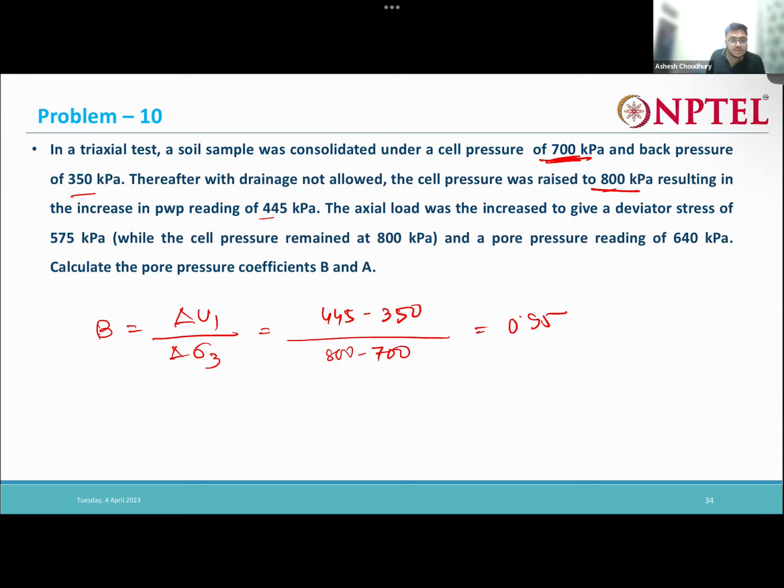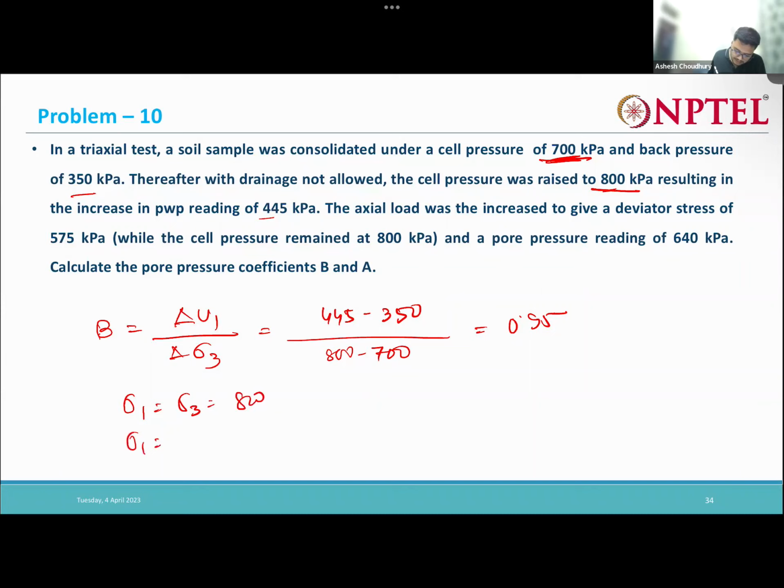Now, the next part is we need to determine the A value. In increasing the total major principal stress, initially sigma 1 was equal to sigma 3, equal to 800.